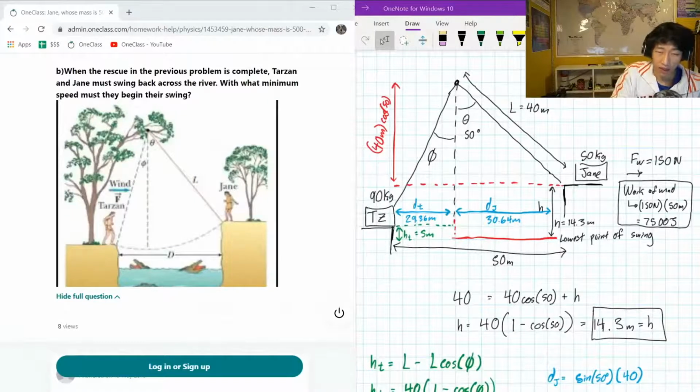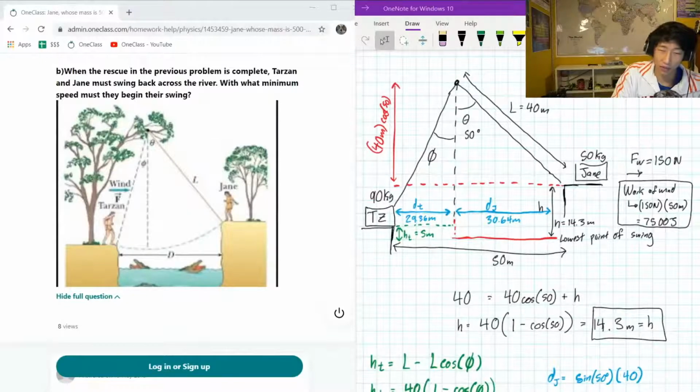Another thing we need to keep in mind is that once she arrives to the other side to rescue Tarzan, she's got to have a velocity of 0, otherwise she's going to kick him in the face. Hopefully she's going to try to get there with a velocity of 0.